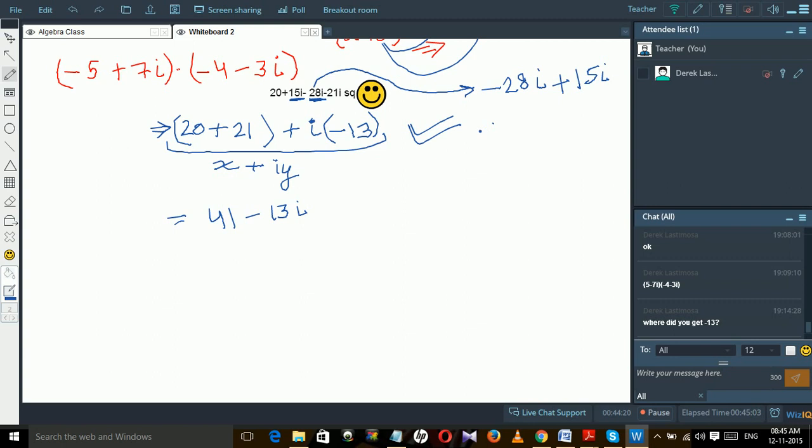I can write it down as minus 28 iota plus 15 iota, which gives me iota into minus 28 plus 15. That gives me minus 13 iota. Simple.